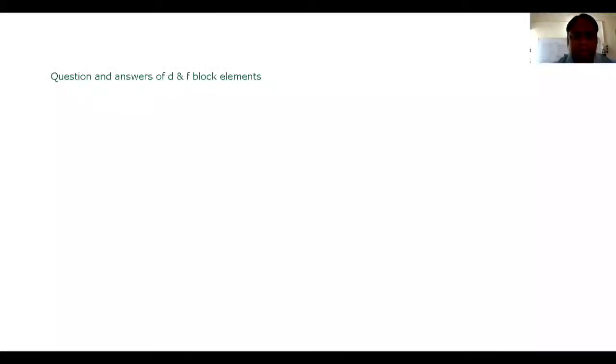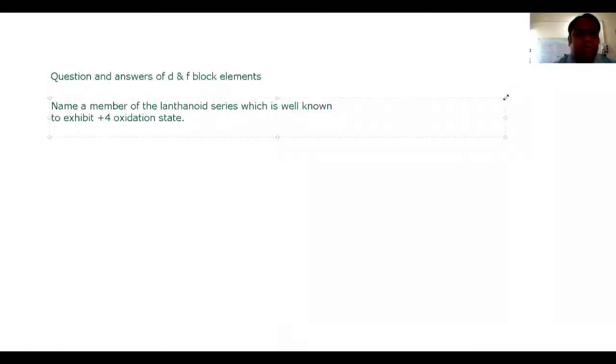This is question number 8.10 from your in-text. I will copy the question here. The question is, name a member of lanthanide series which is known for exhibiting +4 oxidation state. So it is cerium. This is a knowledge-based question.